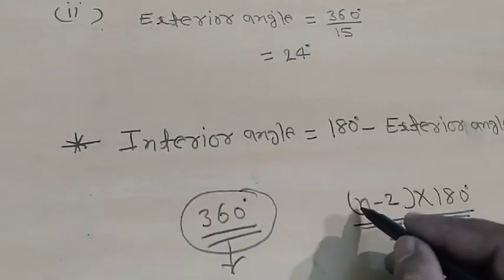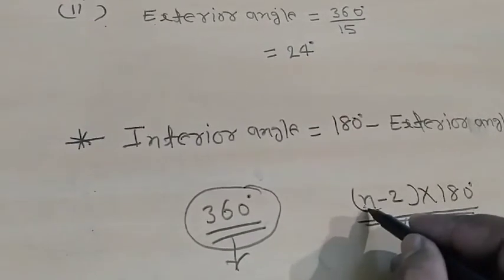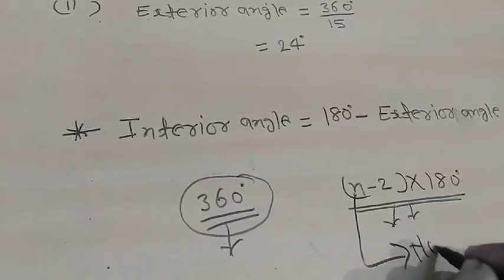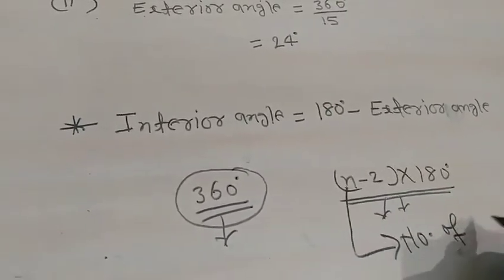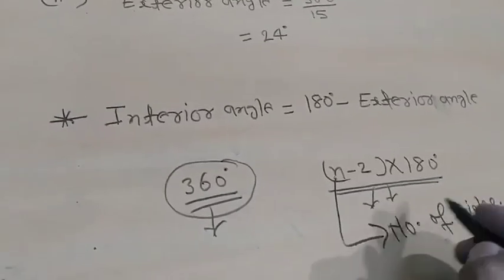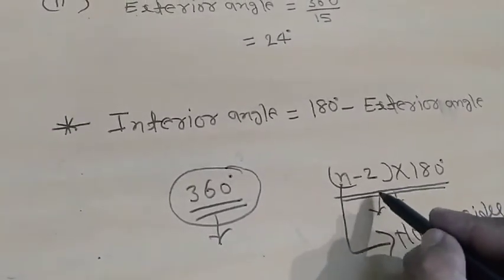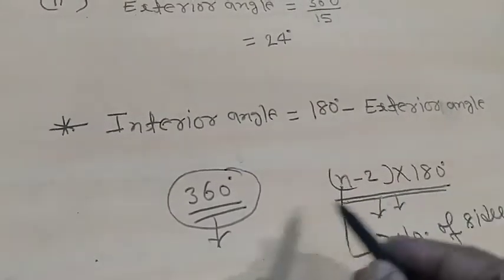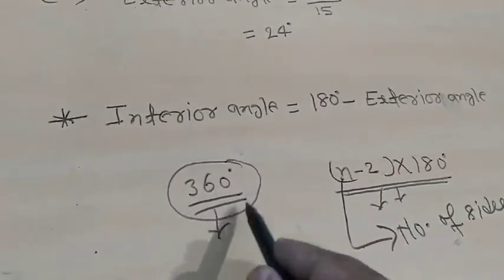Okay, so here n represents the number of sides. This is the formula to find the sum of interior angles of any polygon, and this is the sum of exterior angles of all polygons.